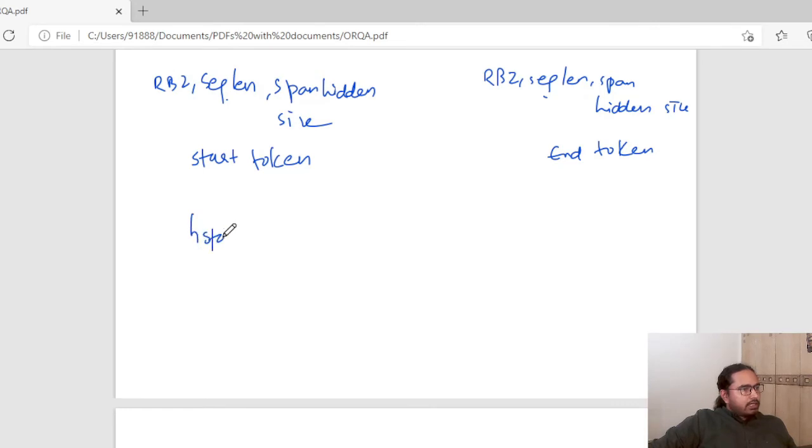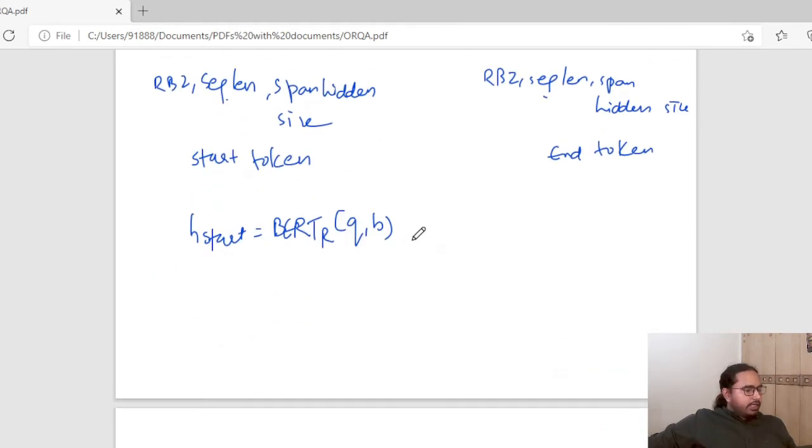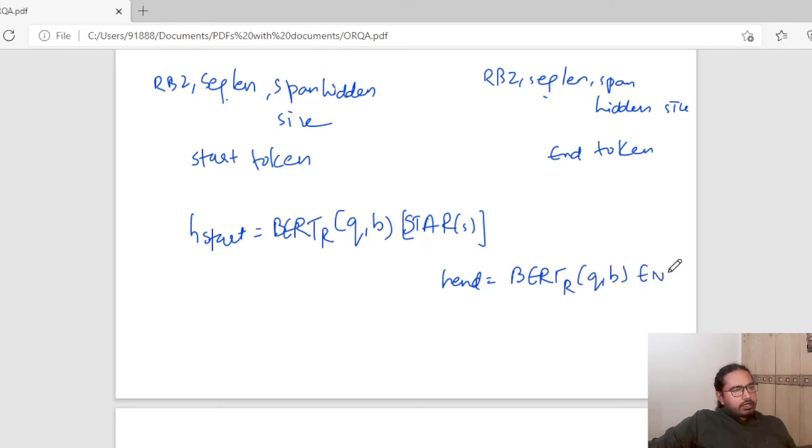So h start here is the BERT reader given the question Q and the passage B, which we tokenized in this way, and the position of the start of the span, and similarly h end is the BERT reader of Q, B, and the end of S. Okay, I know this is confusing, but what does this mean?